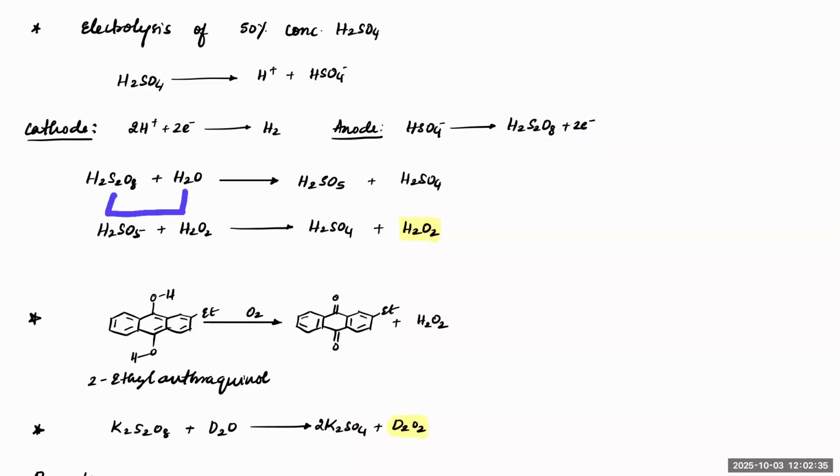Marshall's acid on hydrolysis first converts into peroxysulfuric acid plus H2SO4. Got it? H2SO5 plus H2SO4. And H2SO5, when you react with water again.